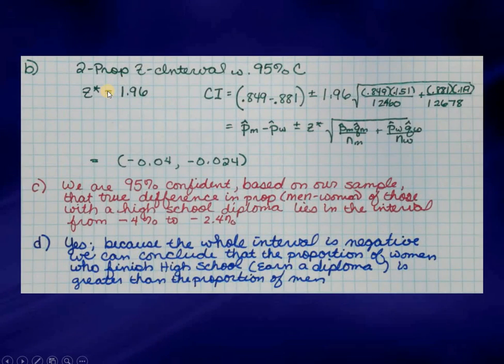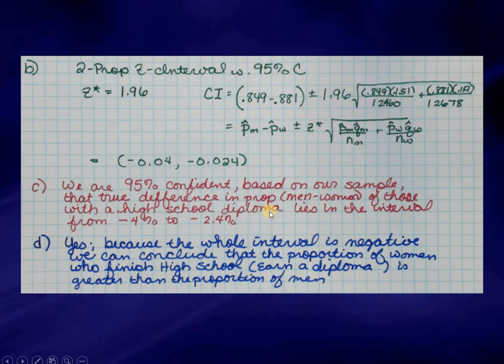You still need to show your Z star. For your confidence interval, you have a choice. You can either write all that stuff out in a formula, or you can just write the formula, because no matter what, hopefully your calculator gave you that. Did your calculator give you those numbers?